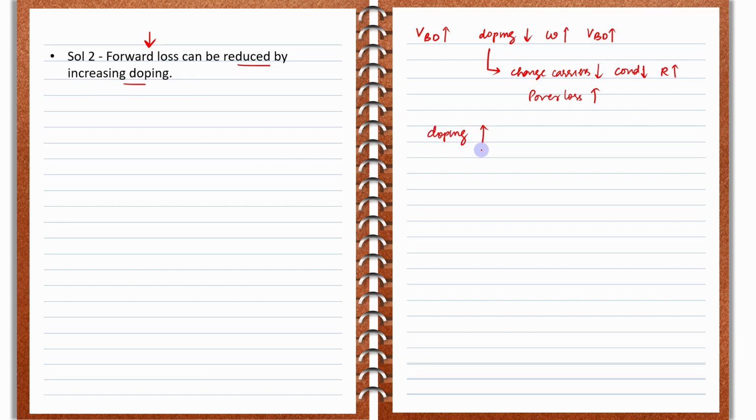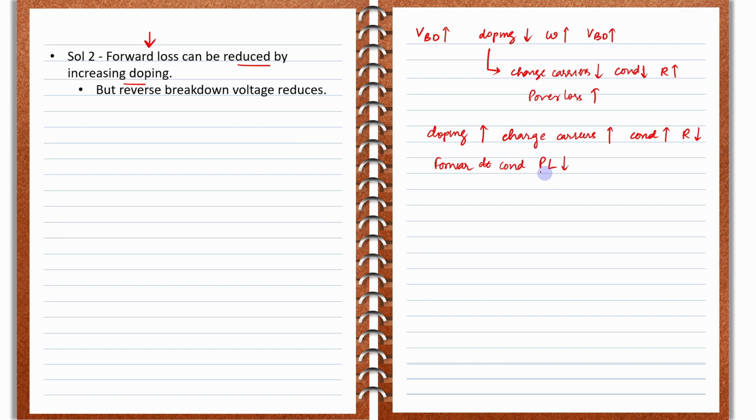If the doping increases, naturally the charge carriers will increase, and if the charge carriers are increasing in a material, you know that the conductivity is going to increase. Conductivity increases means resistance is low. Therefore, during forward conduction, the power loss also will be low, right?